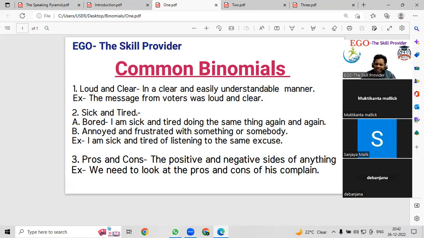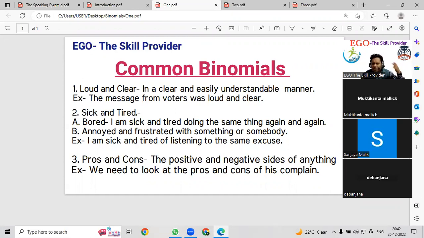Whenever you are doing repetitive work, suppose in a house the same curry is being cooked every day. Then what does your kid say? Mama, really, it's very boring. But in another way, he or she can say, Mom, I am sick and tired of eating the same thing. Sick and tired means you are bored.